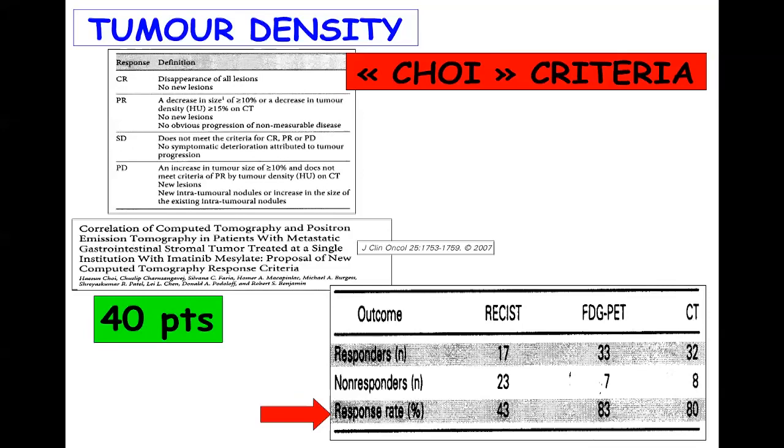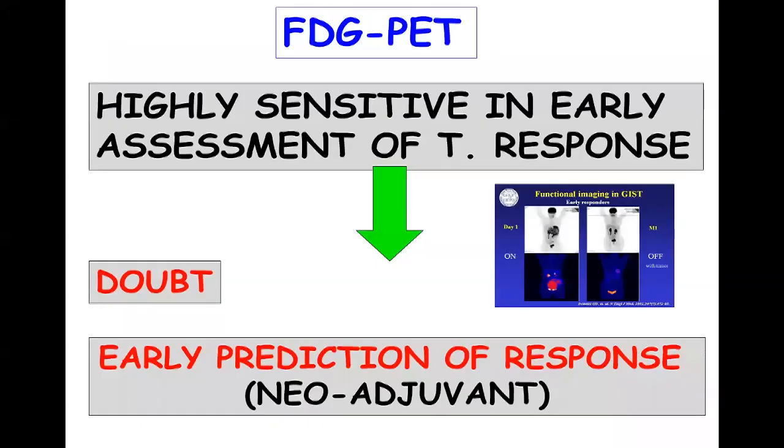And we have 43% based on RECIST, 83% with PET-CT and 80% of response rates with Choi criteria. FDG PET is very highly sensitive in early assessment of tumor response.